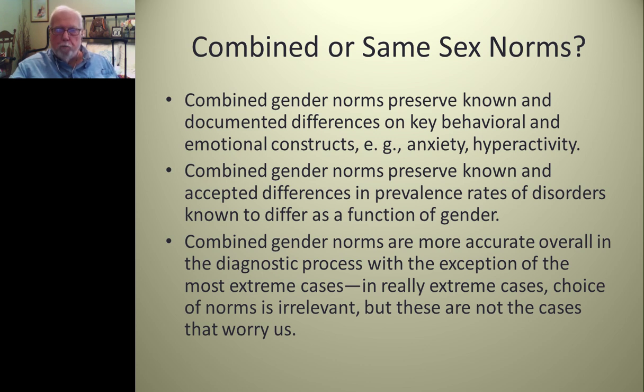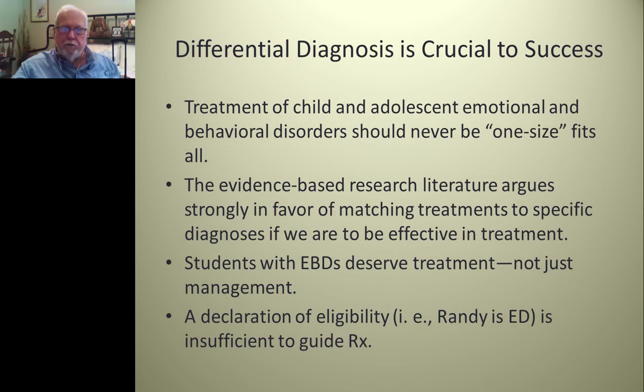Combined gender norms are more accurate overall in the diagnostic process, with the exception of really extreme cases where it doesn't matter what norms you use, you'll get it right. But where we're so concerned, it's the more difficult cases, and that's where combined gender norms are the most accurate.